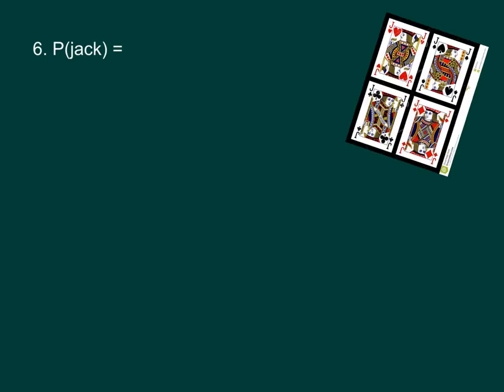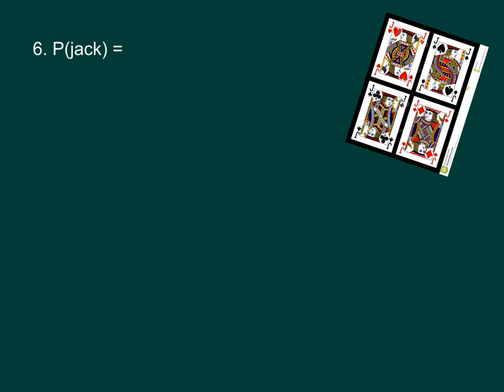Let's compute the probability of drawing a jack from a standard deck of cards. In case you're not familiar with what that means, over here to the right, these are the jacks. And there are 4 jacks total in a deck of cards, one for each one of the suits: hearts, spades, clubs, and diamonds.